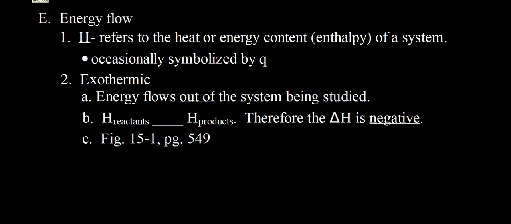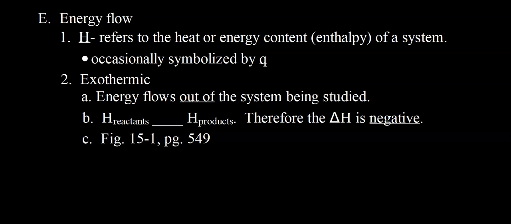What is important, though, is energy flow. We'll start off with the symbol for energy content or heat content. The symbol is H, for heat content, energy content. This is known as enthalpy, a fancy word for energy.